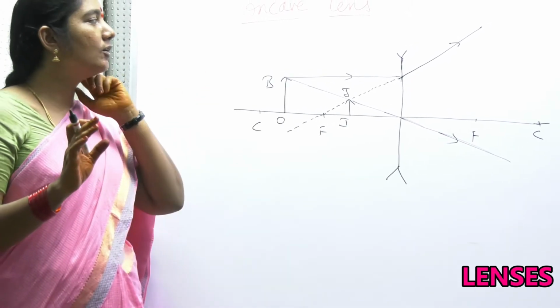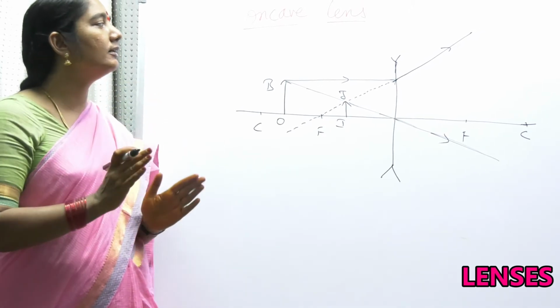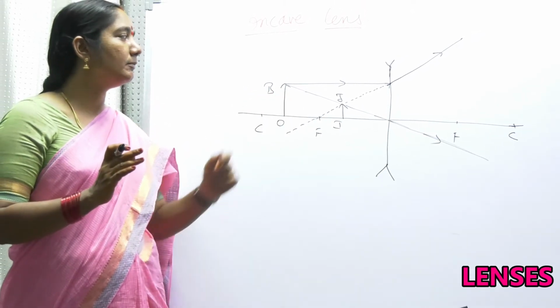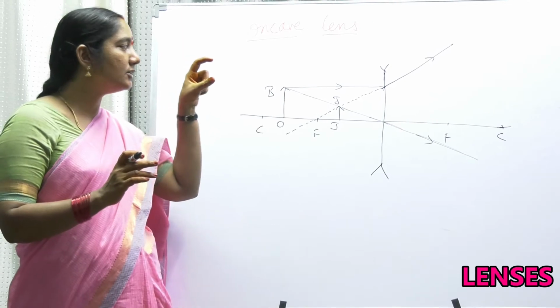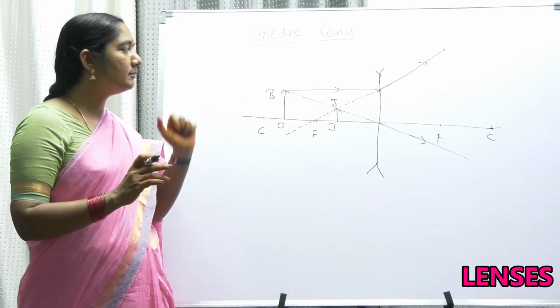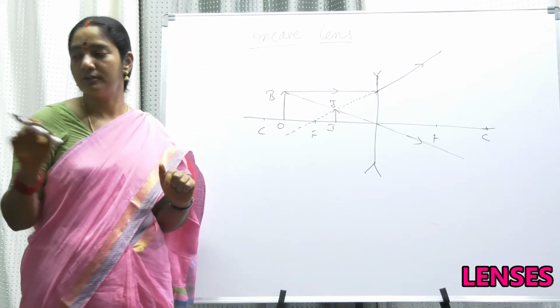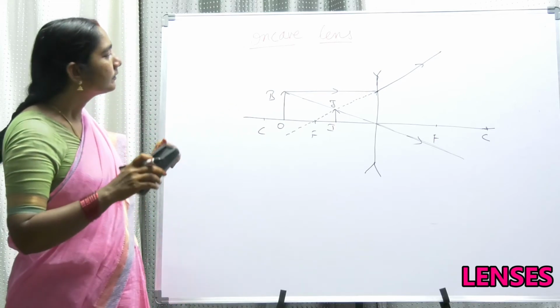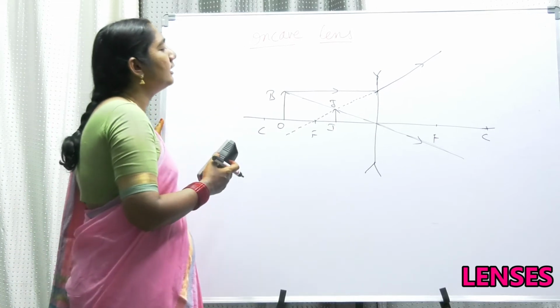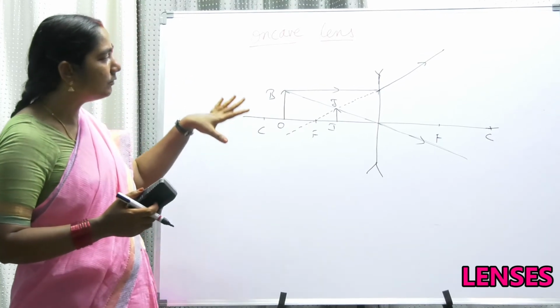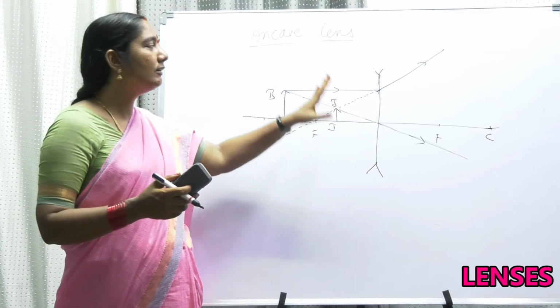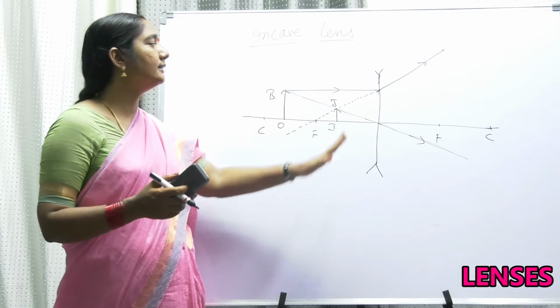So when we take a concave lens, we are getting a virtual image, and that too a diminished image. It's an erect image. Now this is the way in which we have to draw the diagrams when we take a concave lens.